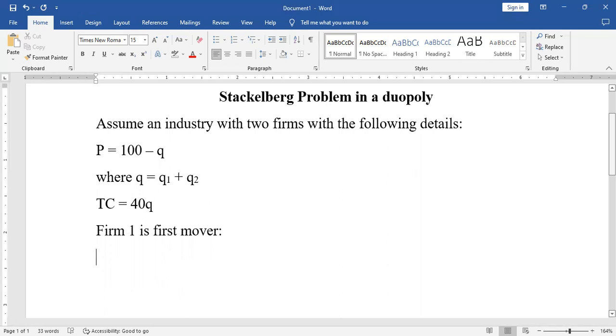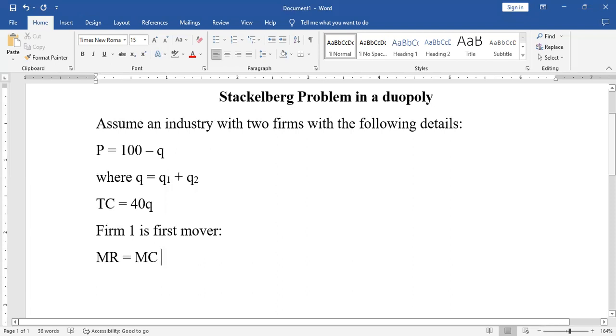The way we develop the reaction function for firm 2, we state the profit maximizing condition, which is marginal revenue equal to marginal cost, and then we make Q2 the subject of the formula.